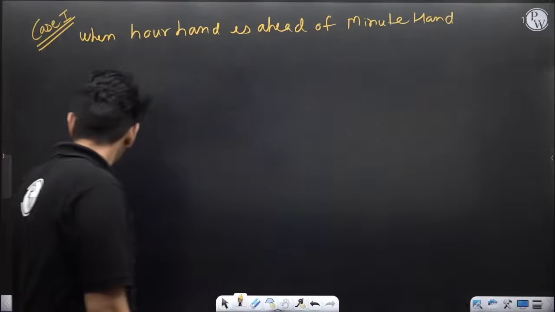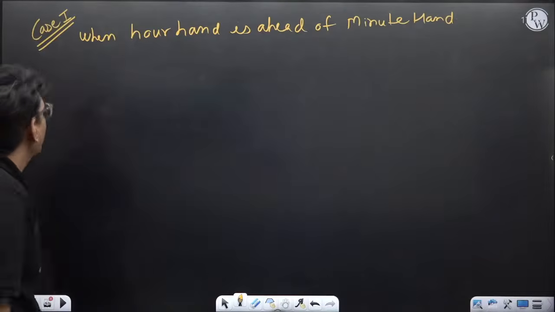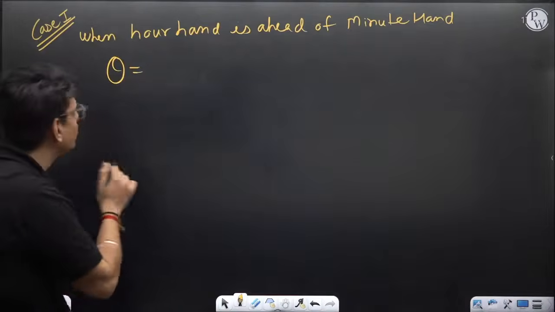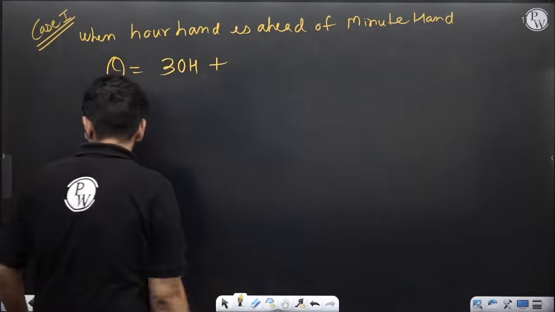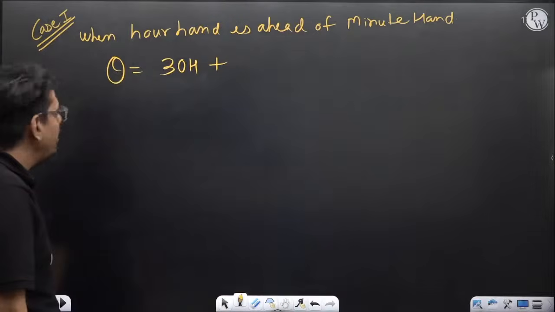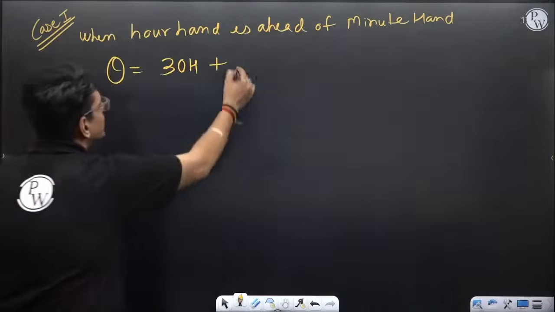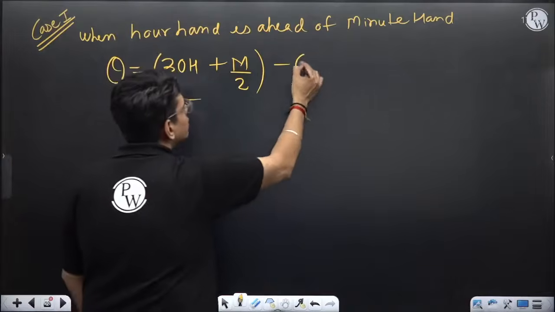When the hour hand is ahead of the minute hand, for the angle between the hour and minute hand, we have to take the difference between 30h plus m by 2, and 6m, that is 30h plus m by 2 minus 6m.